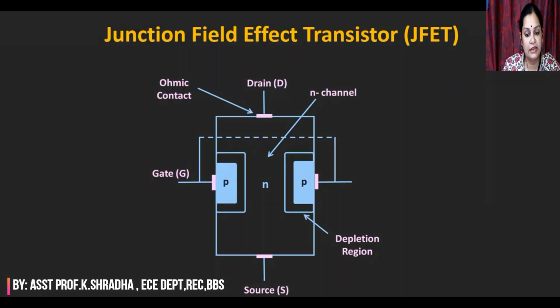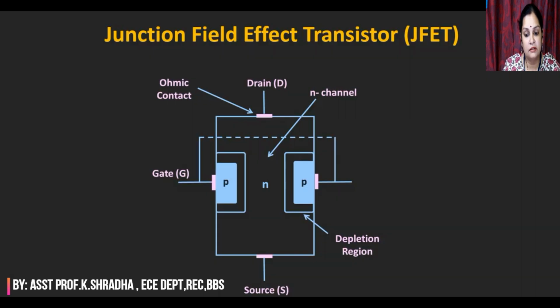Now in the JFET, the gate terminal is provided using a PN junction. If you see the N-type JFET, two P-type regions are fabricated near this channel, and due to that a PN junction is formed near this channel.